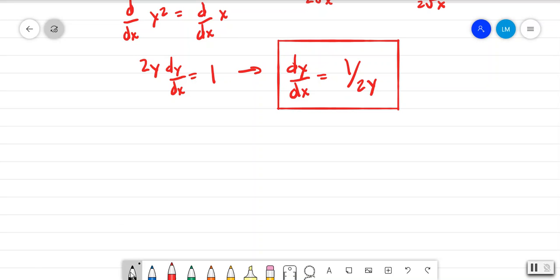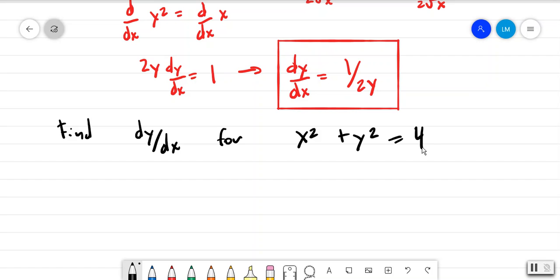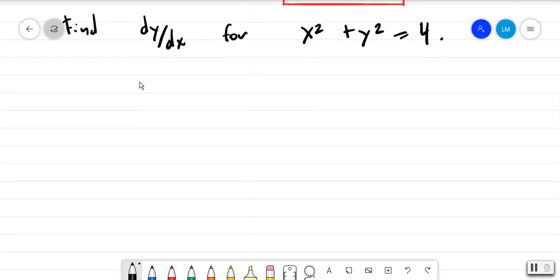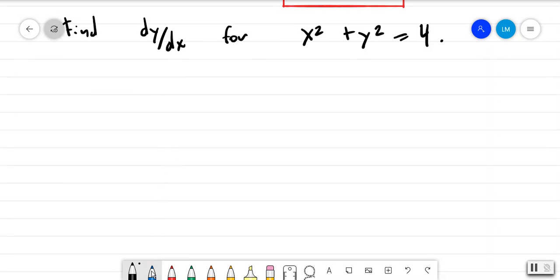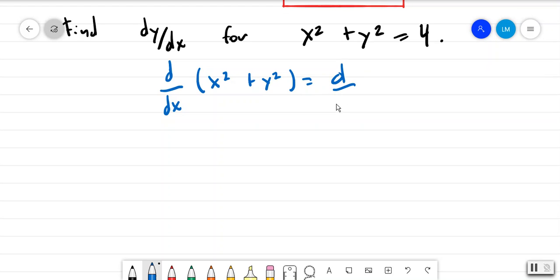So let's say that we want to find dy dx for x squared plus y squared equals 4. If we go ahead and do this one, we can find the derivative by saying we have the derivative of x squared plus y squared equals the derivative with respect to x of 4.